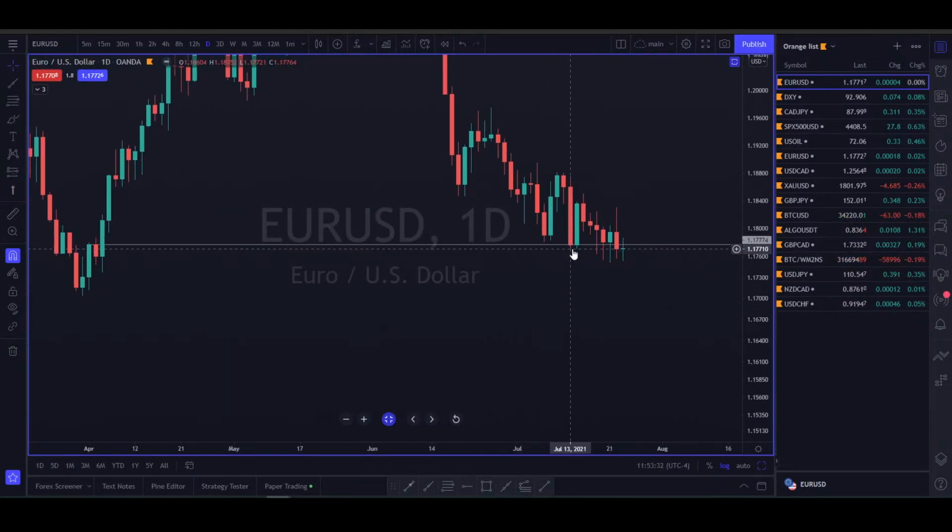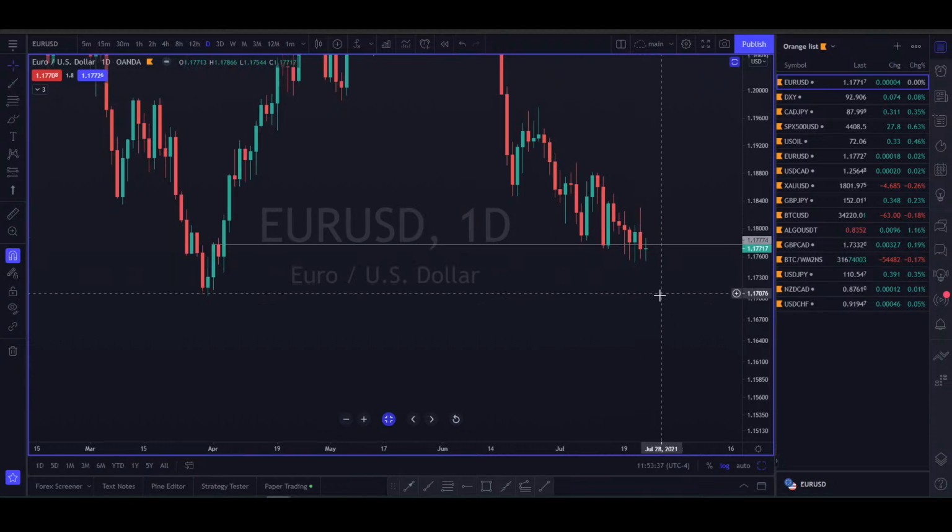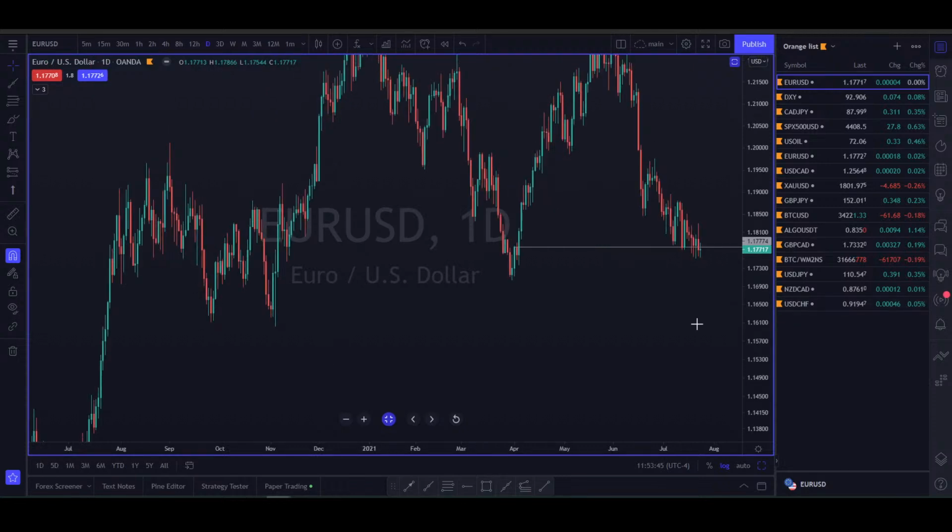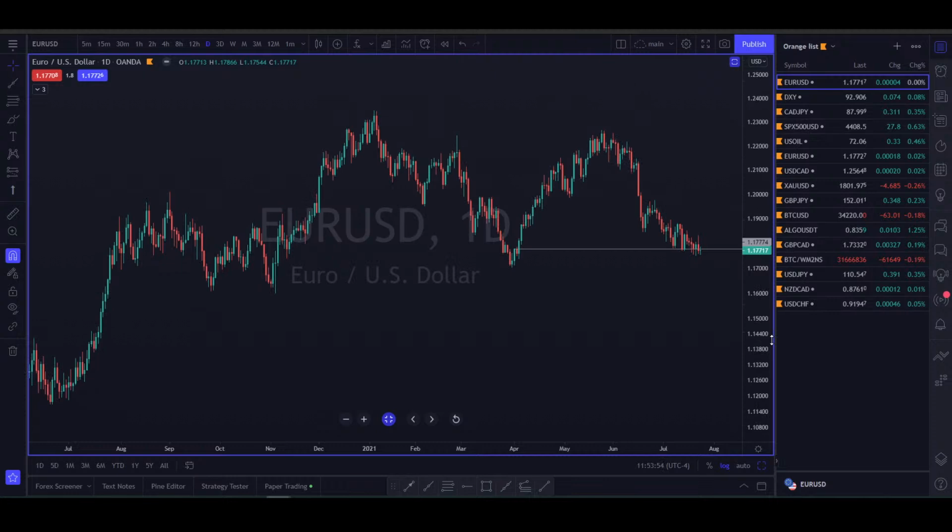There's a close below, then another close below. So price looks like it's wanting to go down and sweep these lows. If you do get a big push down to sweep those lows, you would need to see massive continuation, like a big drop and a close much lower, then a push back up into an area of resistance. You would want to see that hold, and then for price to continue lower.